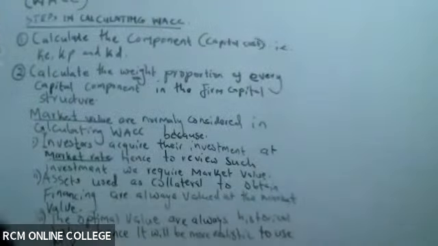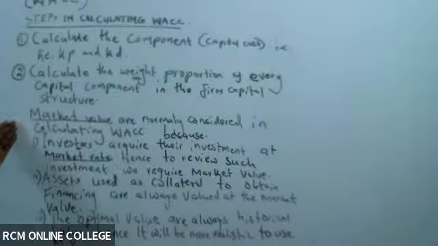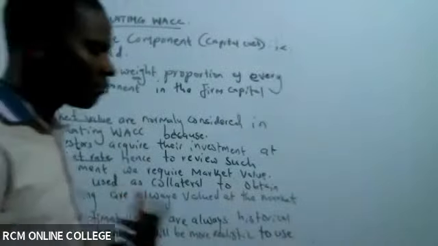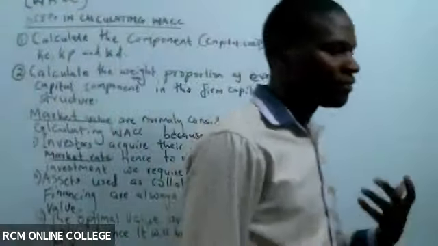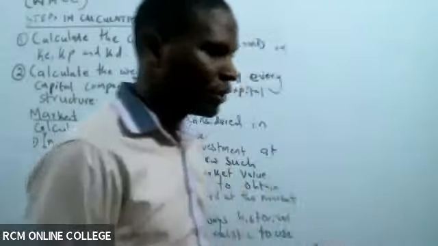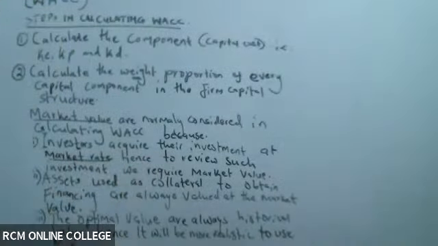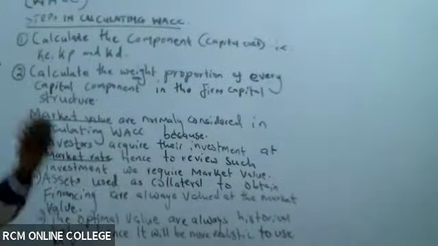So class, the three are important. Wakati mwingine examiner atapatia theory 3 marks or 4 and ask you, why is market value used when calculating the WACC? Tell the examiner, because one, investors acquire those investments at market rate.